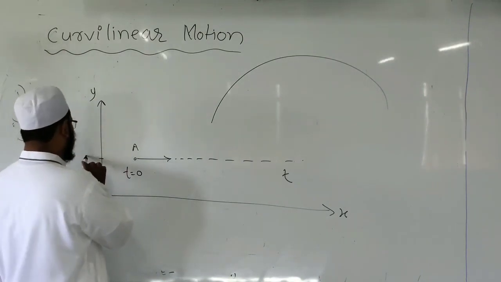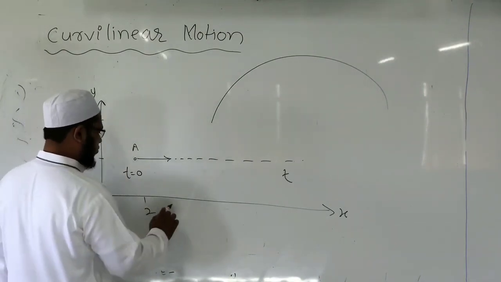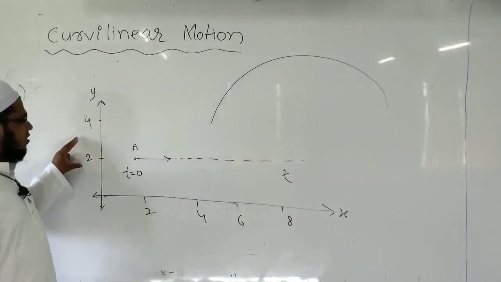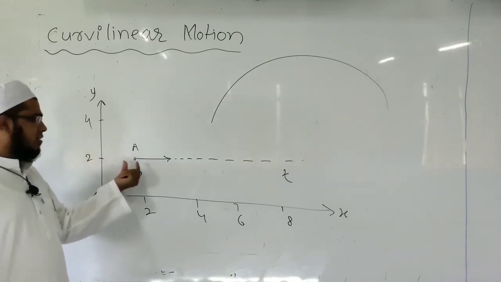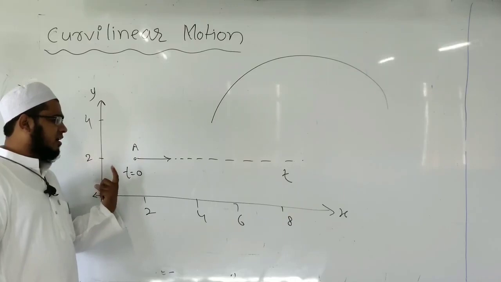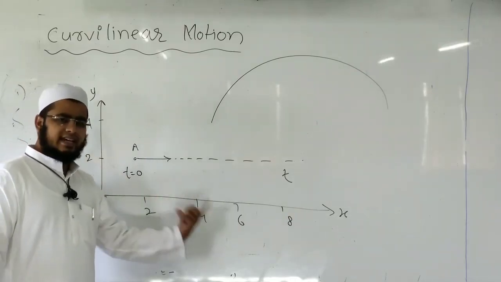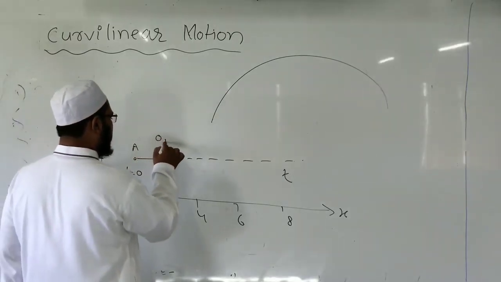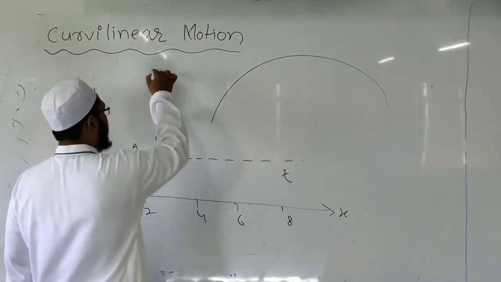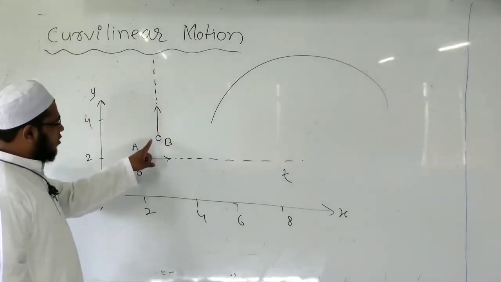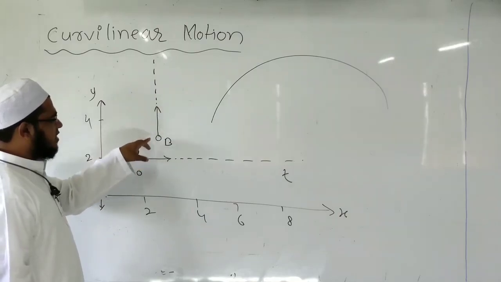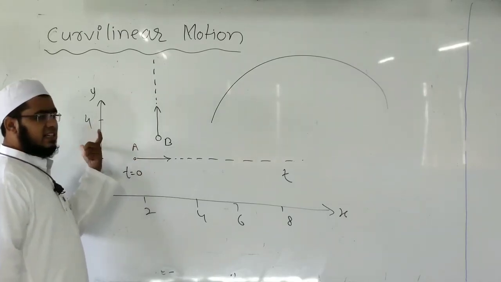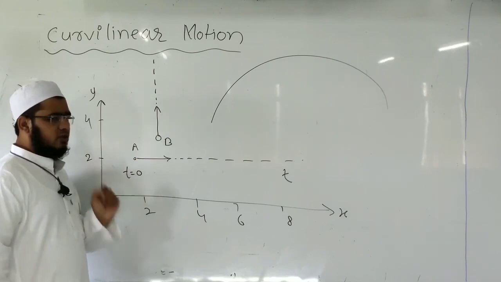If here the value of the coordinate is 2, here 4, 6, 8, then at each point the y coordinate of the particle's position is constant, and there is change only in the x coordinate. Similarly, if another particle B is moving in the upward direction along a line, only the y coordinate is changing for the position, and the x coordinate remains constant.